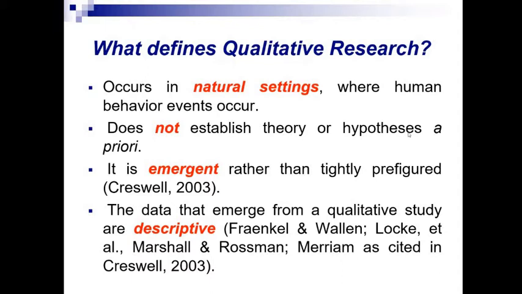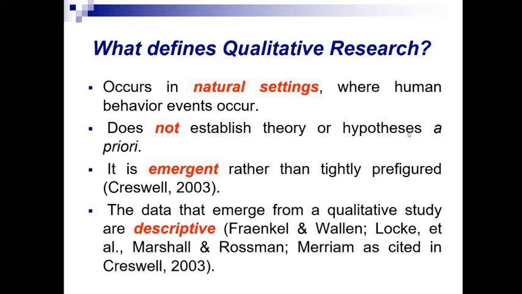Okay. And then the data that emerge from qualitative research are considered to be descriptive, meaning that the presentation of the data for qualitative studies is in words. They are textual in nature. Thus, the material that we use is considered to be text data. Okay.